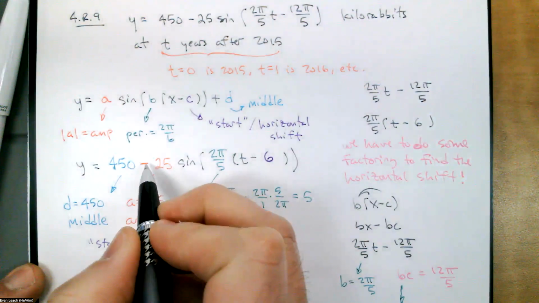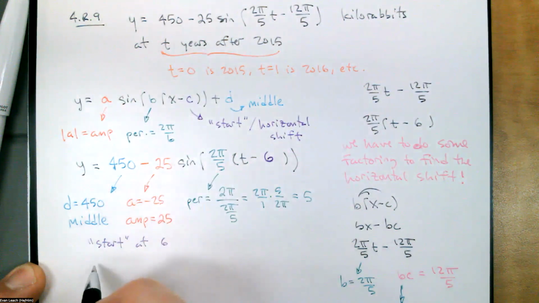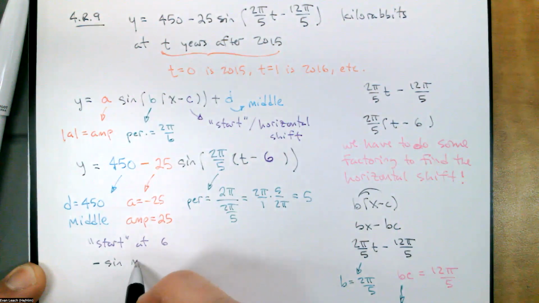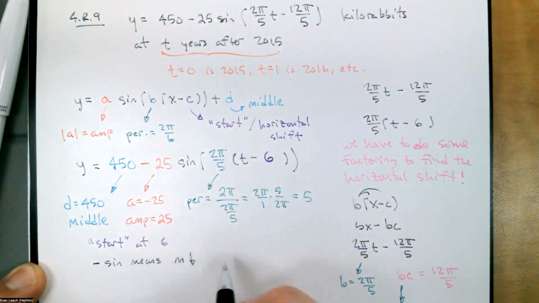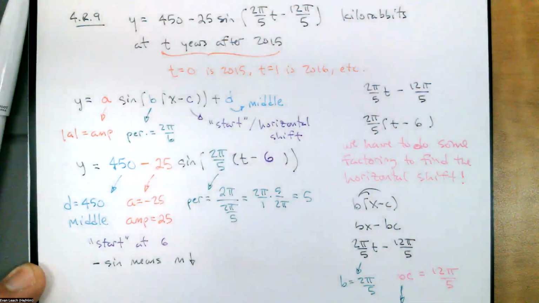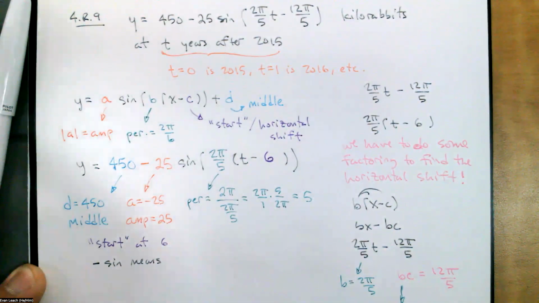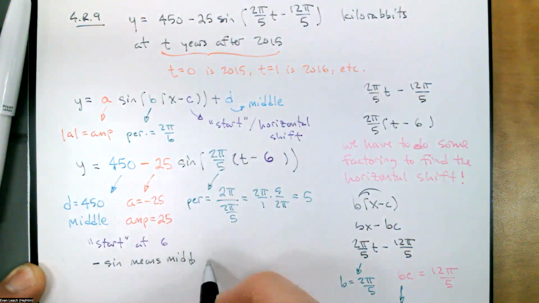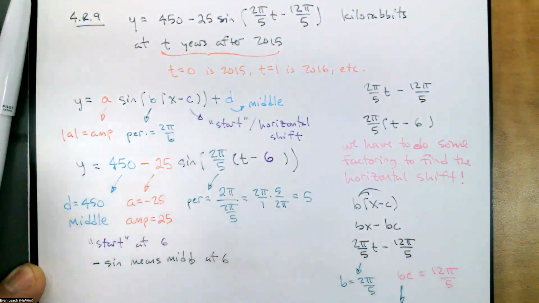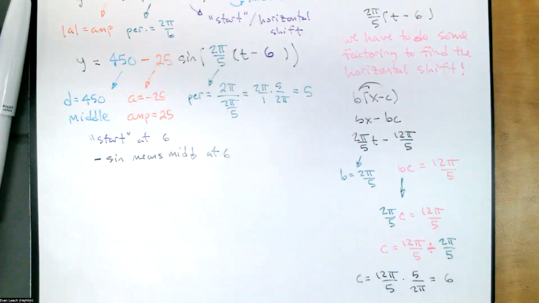And because we have a minus sign, that means the middle going down is going to be at 6. Now we've got all of our details.